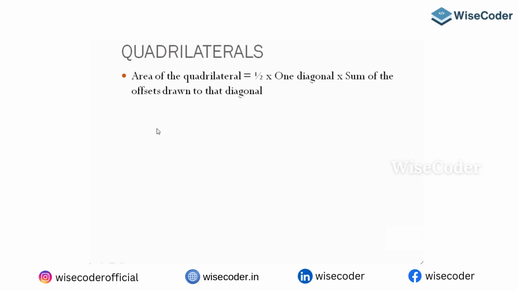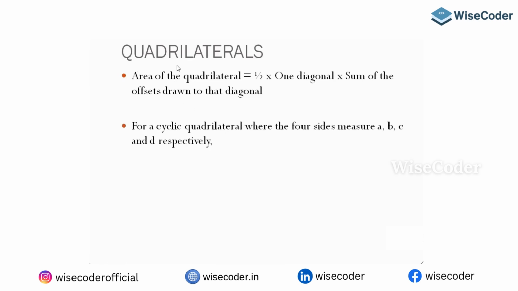But if it is like this, for a cyclic quadrilateral, how are we going to encounter this?